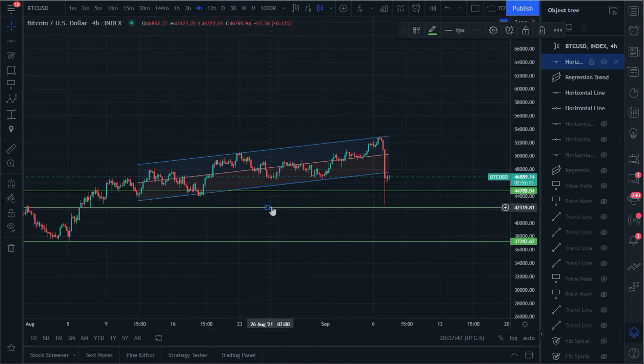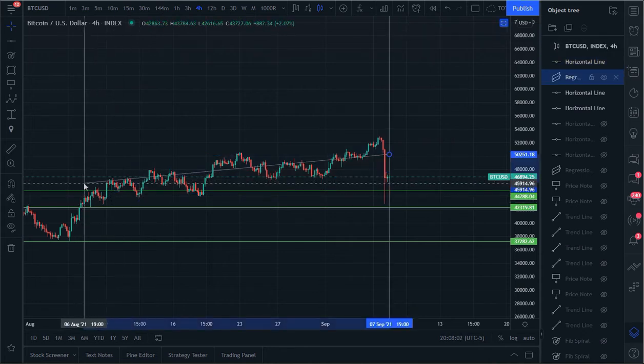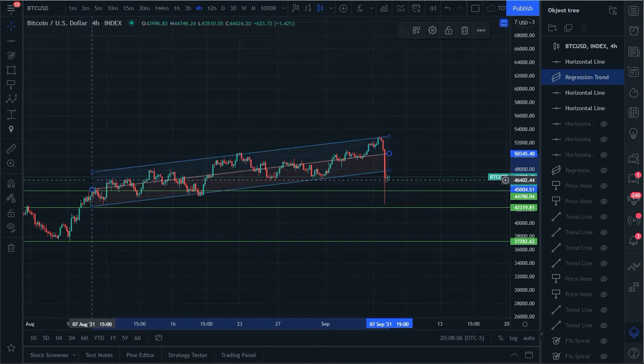So we already broke this level. We are on this level. If we broke this level, the trend is starting here, being sideways. So these points, we already broke this. We need to start from here.